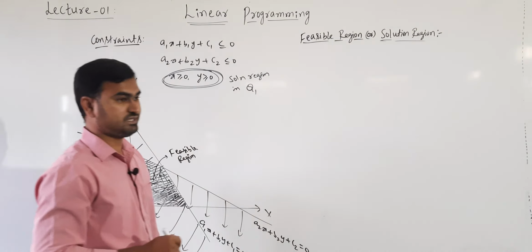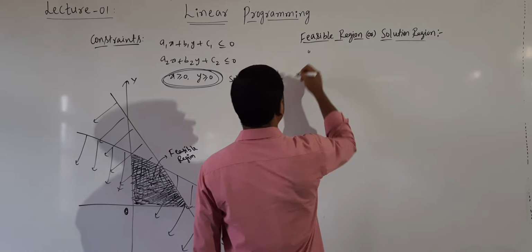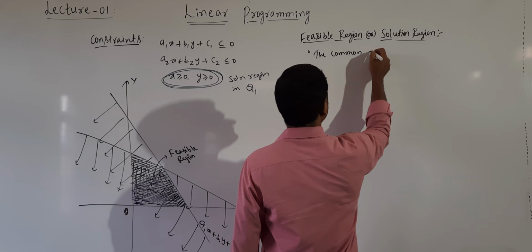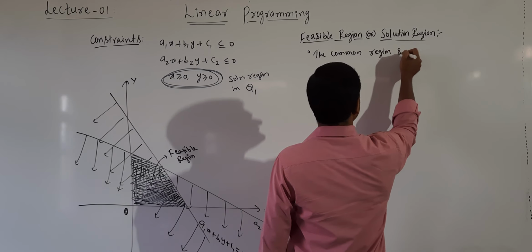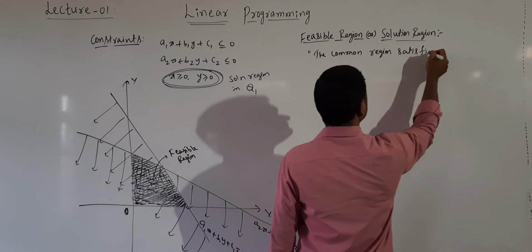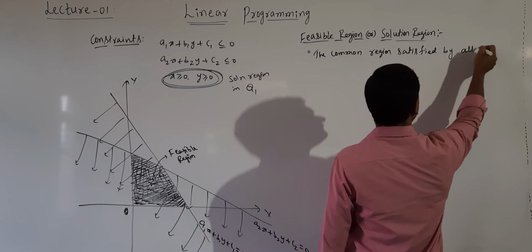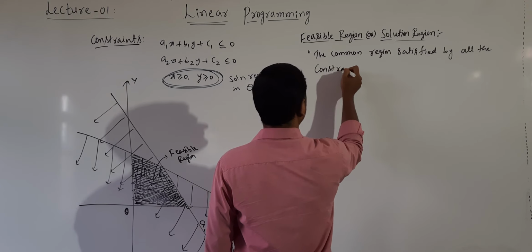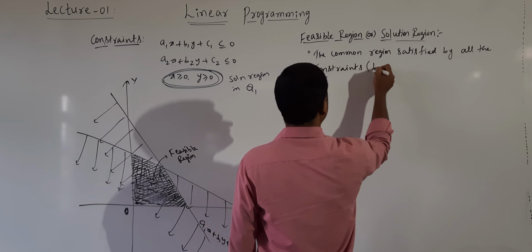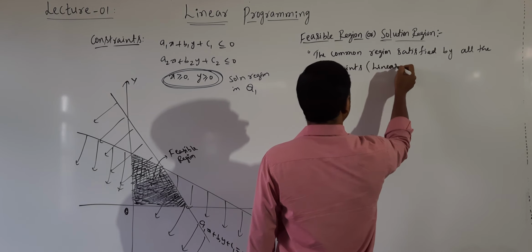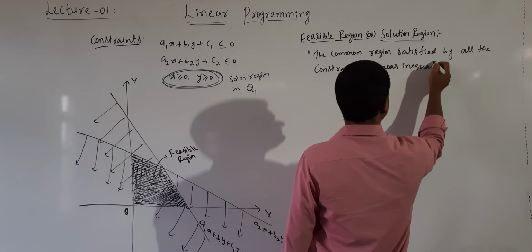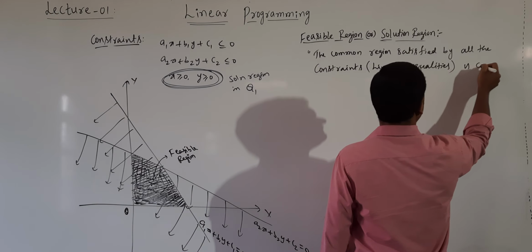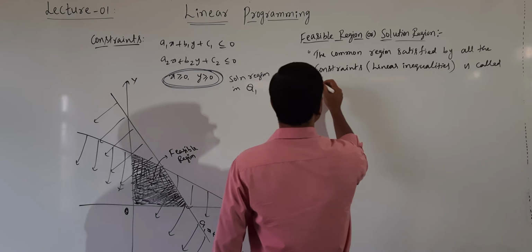So the definition of feasible region or solution region: it is defined as the common region satisfied by all the constraints or linear inequalities, and it is called the feasible region.